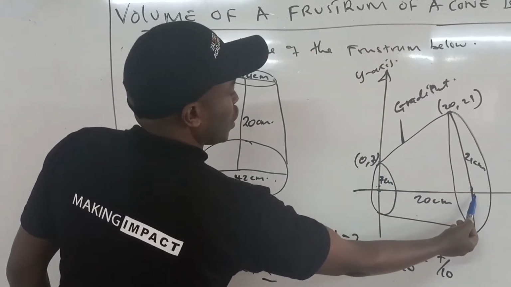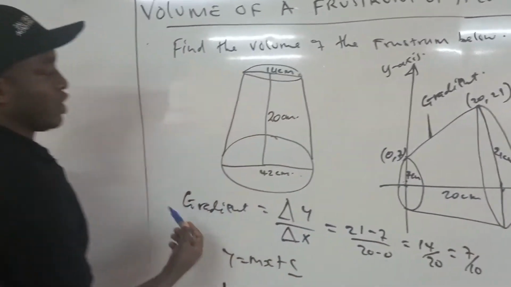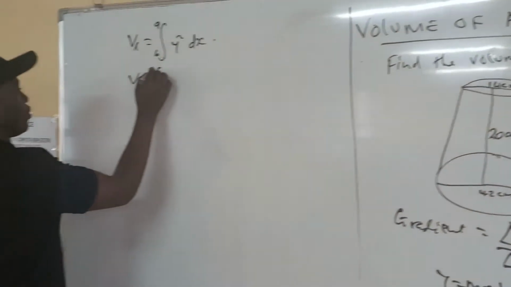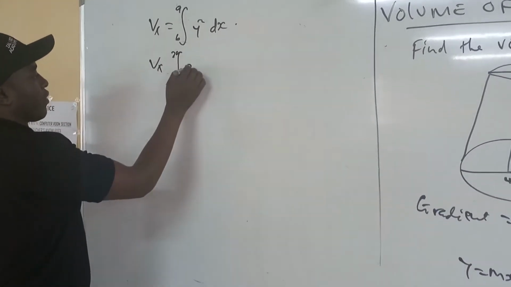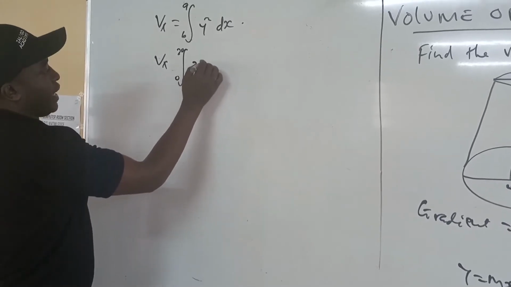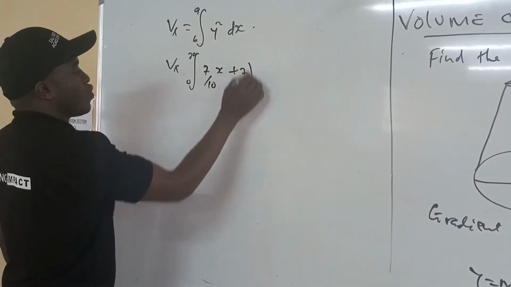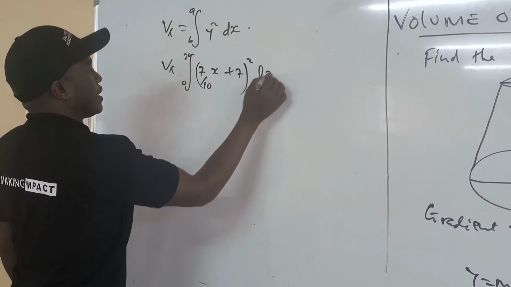Our x was changing from 0 to 20, so it is from 0 to 20. And then y squared, our y is 7 over 10 x plus 7, we square this, dx.